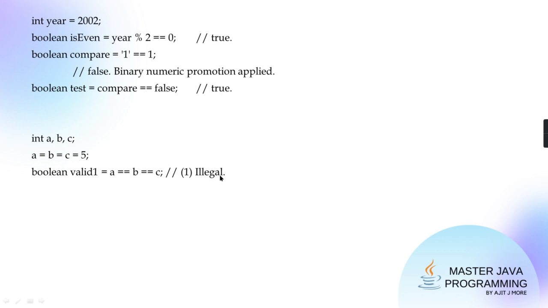Whereas, while explaining a few minutes back, I told you this operator has associativity. It is not like relational. Please don't conclude from this, where I have written illegal, that equality and inequality are also non-associative like the relational operator.